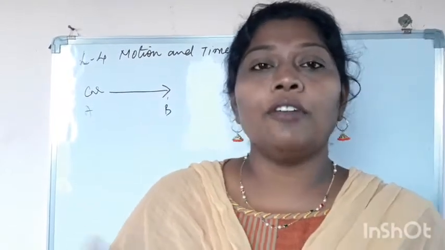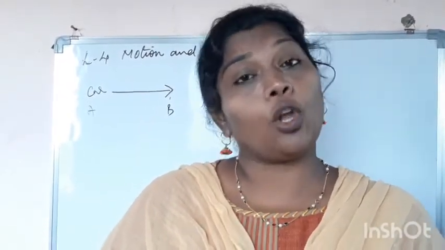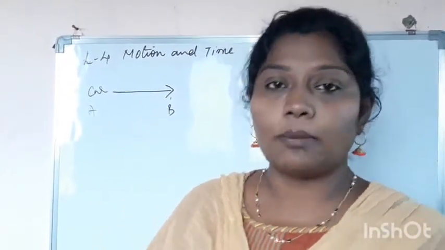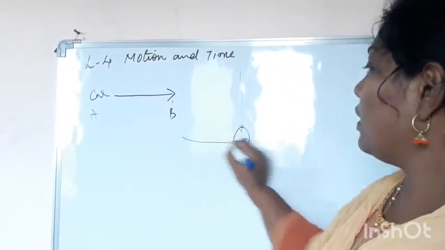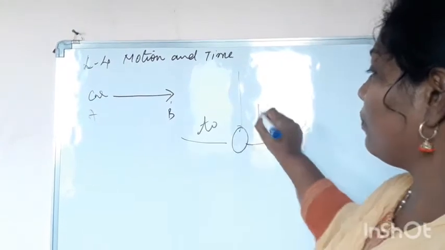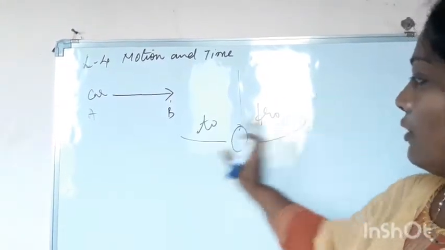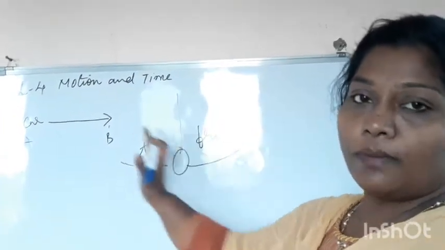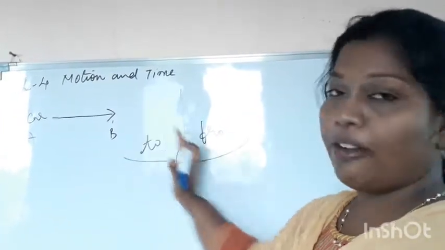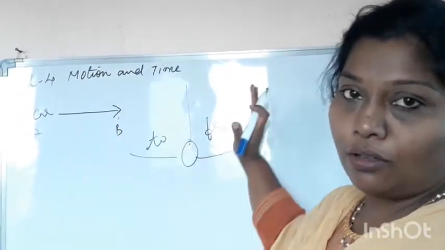If you see a pendulum in a wall clock, it will go to and fro. If you observe a wall clock, how does the pendulum go? To and fro, to and fro.